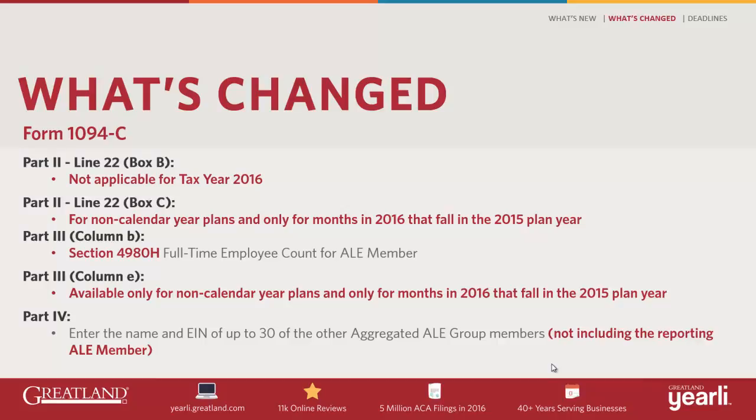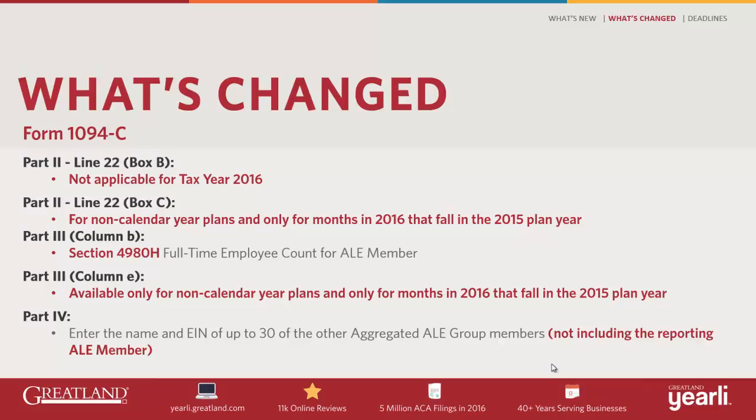It is important to remember that when conducting the employee count for Column B in Part 3 of Form 1094-C, that you count any employees who meet this ACA definition of a full-time employee. For Part 3, Column E, which is the Section 4980H Transition Relief Indicator, this is now only applicable for non-calendar year plans and only for months in 2016 that fall in the 2015 plan year. This ties to Box C on line 22 mentioned earlier.